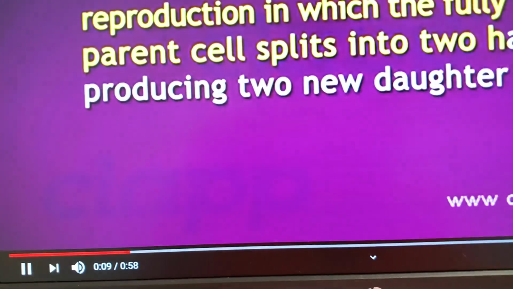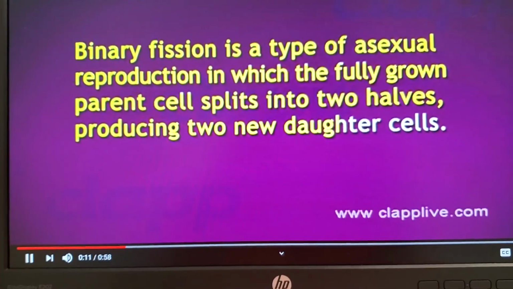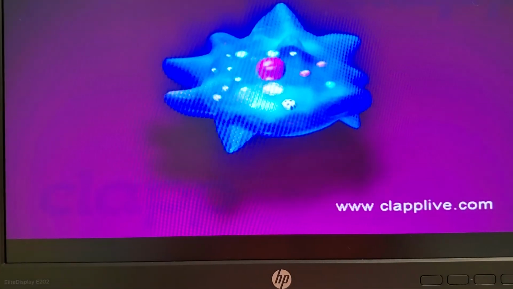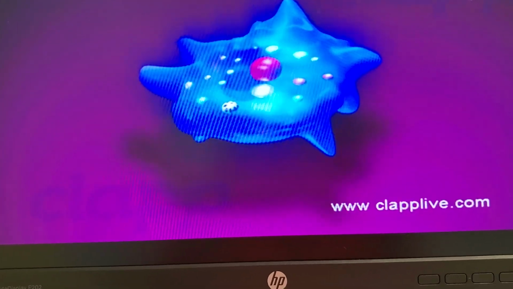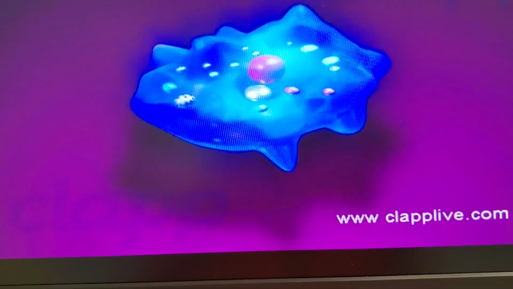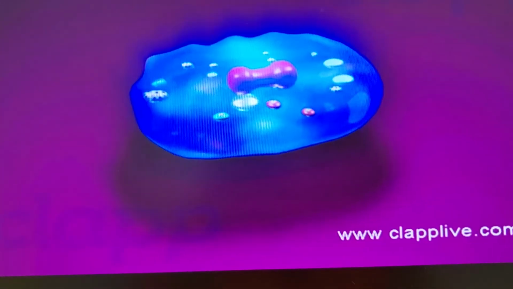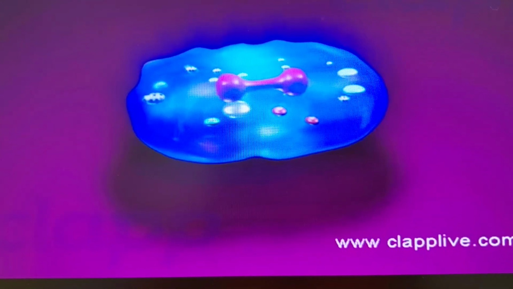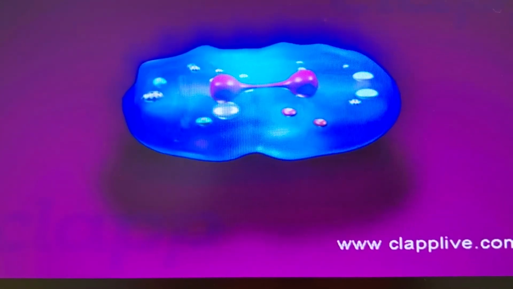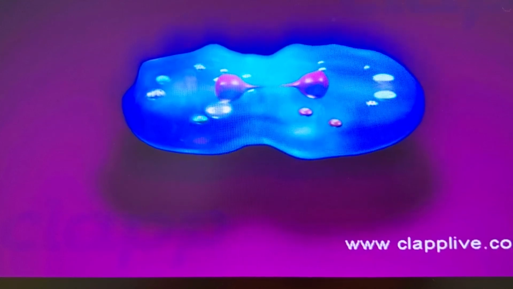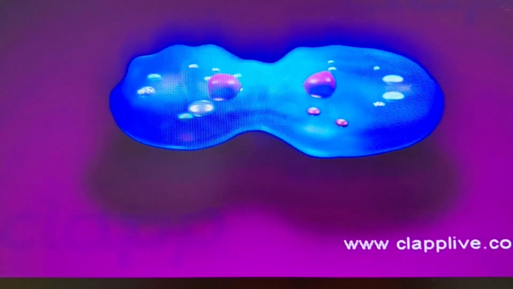Cell splits into 2 halves, producing 2 new daughter cells. At the time of binary fission, the amoeba withdraws pseudopodia and becomes spherical in shape. The nucleus splits longitudinally and divides into 2 daughter nuclei. These daughter nuclei move towards opposite poles. This is followed by the elongation of the parent cell.